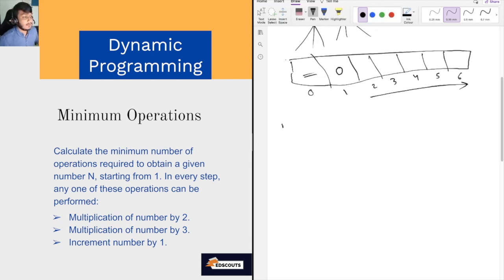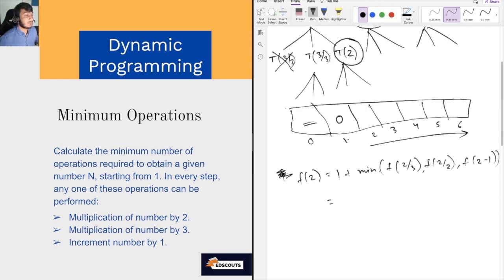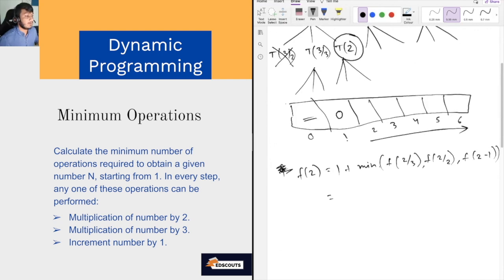Let's calculate for 2. So dp of 2 will be, let's write it, f of 2 is equal to 1 plus minimum of f of 2 by 3, comma f of 2 by 2, comma f of 2 minus 1. This was the recursive function above, right?